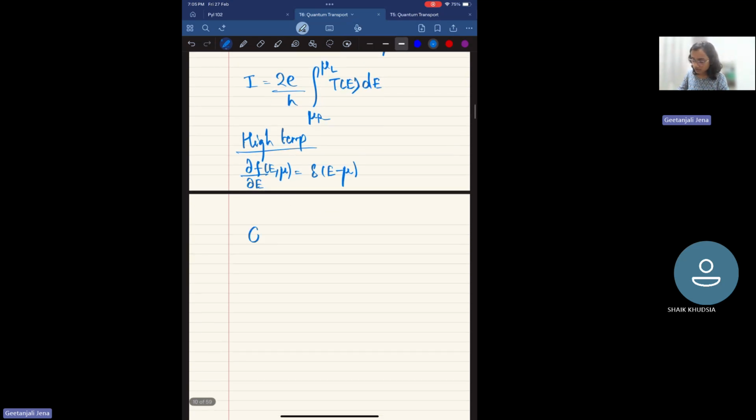And for the conductance, you can write it as 2e squared by h, integral of dou f by dou E, which is delta(E minus mu) dE, and the limit will give T(mu). So for very low temperature, it doesn't care about what is happening below the Fermi level. It picks the transmission around this electrochemical potential.